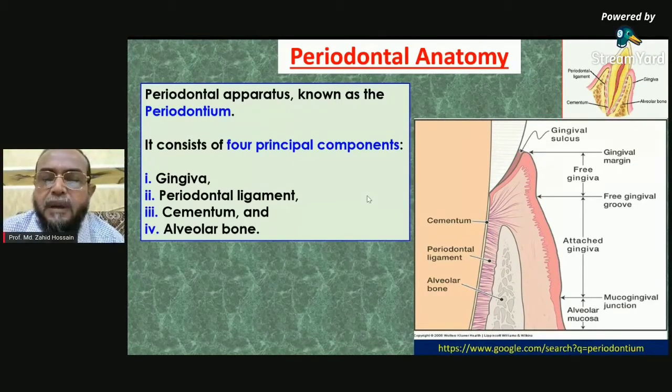Any treatment of the mouth, suppose restorative, prosthetics, orthodontics, everything needs periodontal knowledge. Without good periodontal knowledge, no one can go for further treatment of any type of disease in the mouth.